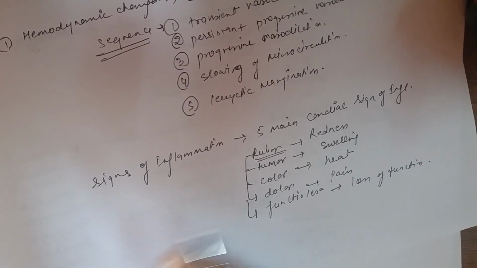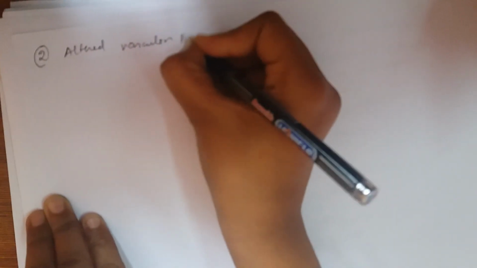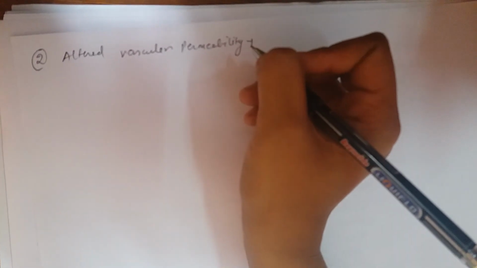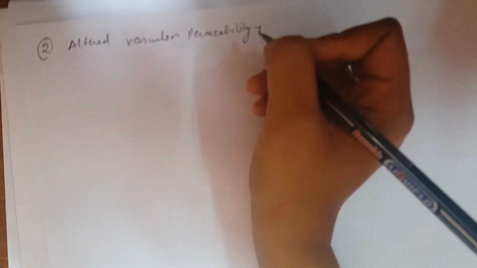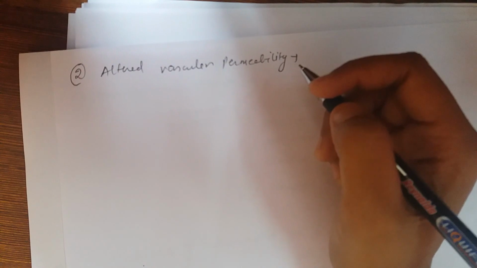Now the second one is altered vascular permeability.